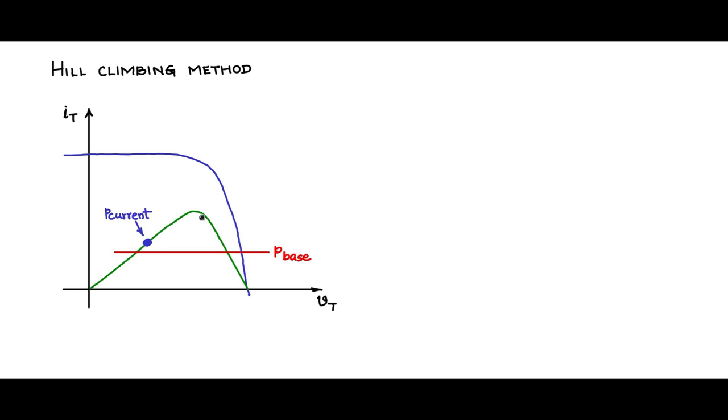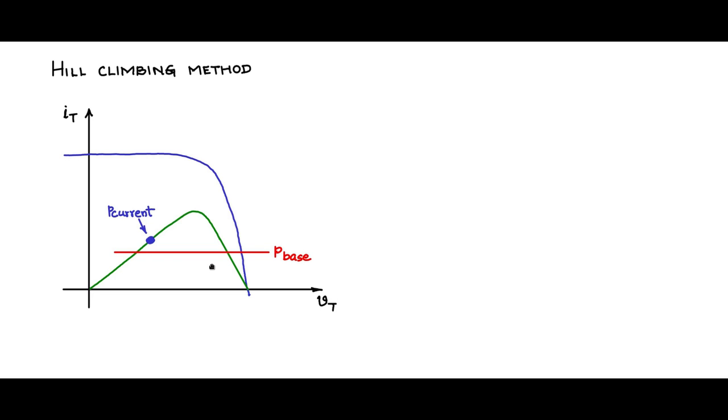So it will move like this, and again the moment it encounters the baseline P base, there is a toggling effect. D will reverse, such that the operating point moves to the left. So then it starts moving like this. In this way, again, when it encounters P base, there is a toggling effect on the duty cycle. The duty cycle will shift the direction of change and it starts moving to the right again.